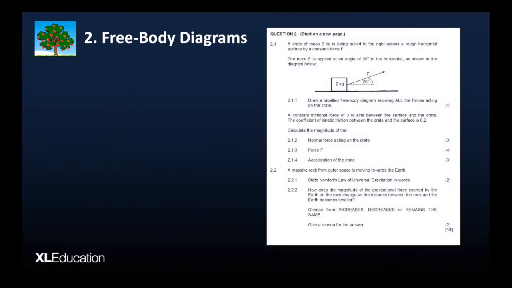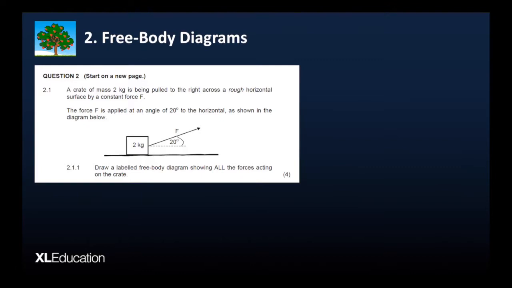Let's have a look at one of the questions on Newton's second law, which needs us to draw a free body diagram. I've zoomed in on the question so that we can have a clear look. 2.1: draw a labeled free body diagram showing all the forces acting on the crate. The first thing, I advise you to sketch the surface on which the object is moving.